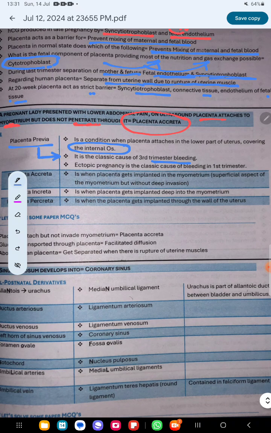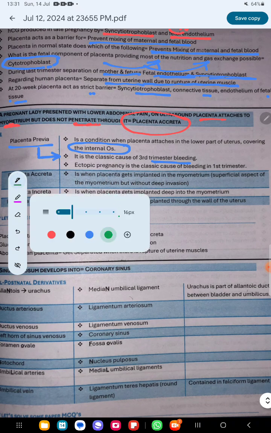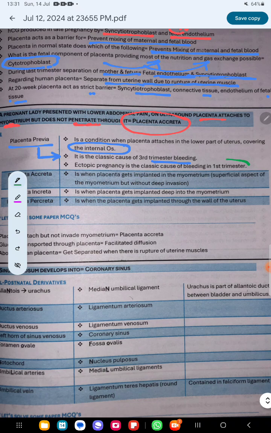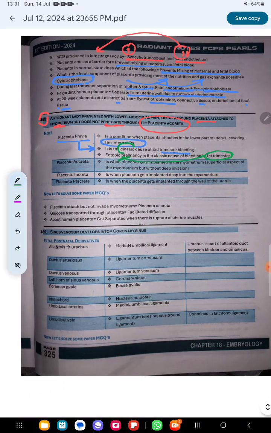Clear? Now, what is the classic cause of bleeding in the first trimester? It is going to be ectopic pregnancy. Patients with ectopic pregnancy will present with bleeding in the first trimester, while those having placenta previa, the classic presentation is third trimester bleeding. Clear?